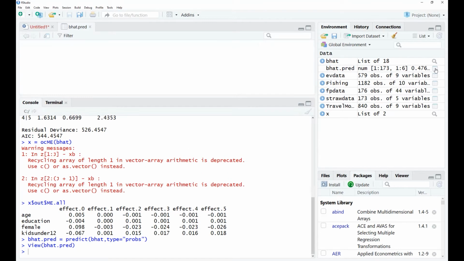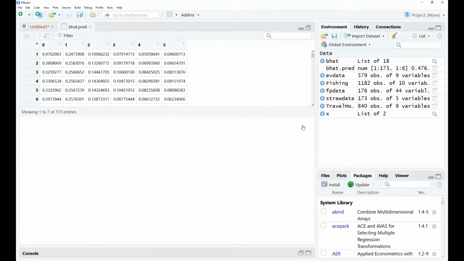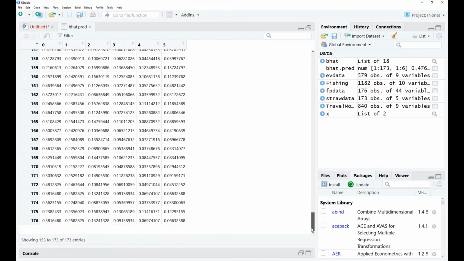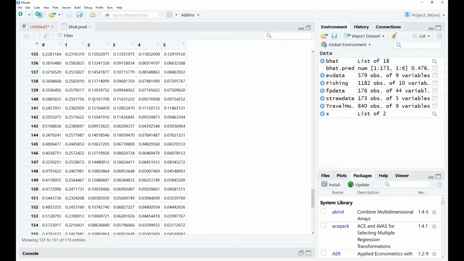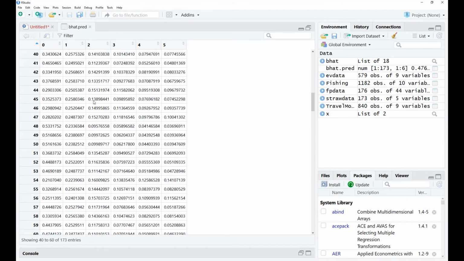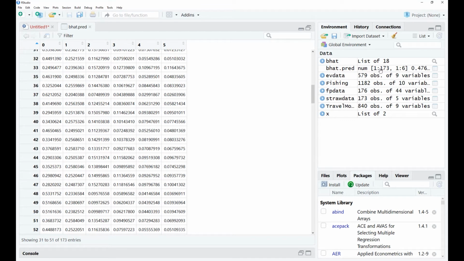When you look at the output, this tells you that, based on the independent variables of those respondents, note that our original data set had 173 observations, and those predicted probabilities again have 173 observations.